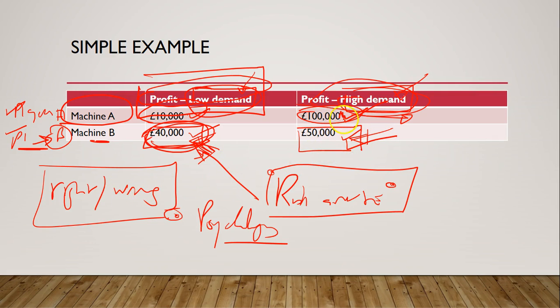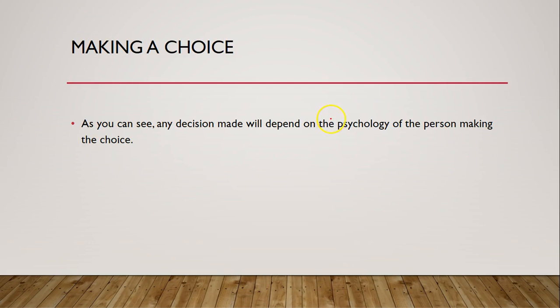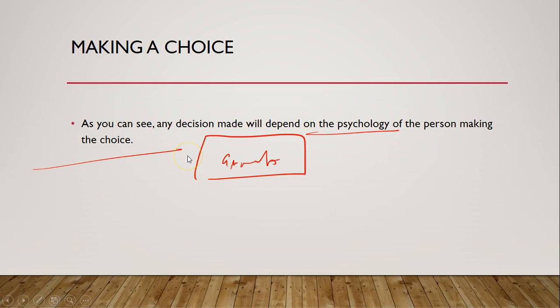And therefore, we see that here where there is a high demand. And you're saying, I'm going to go for this. What's the best scenario? I'm going to go for machine A. And that's it. As again I put here, any decision made will depend on the psychology of the person making the choice, and on the amounts involved and the extent to which you think you've made a profit or a loss.